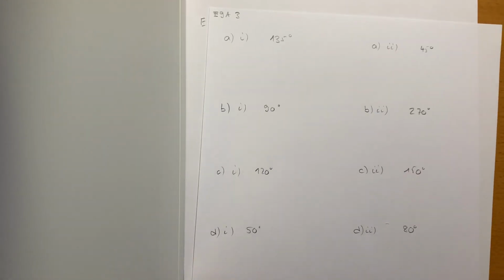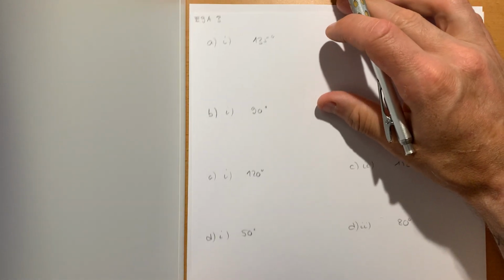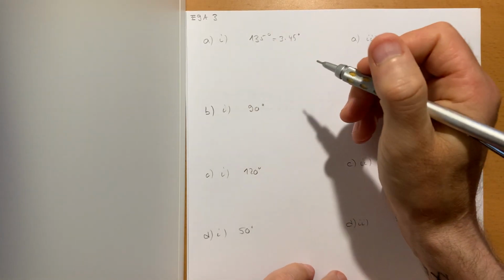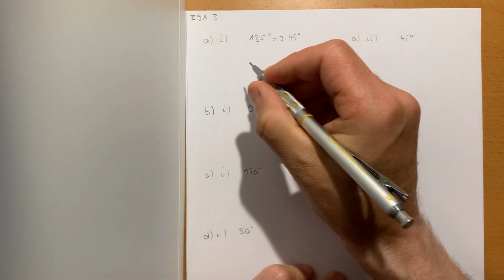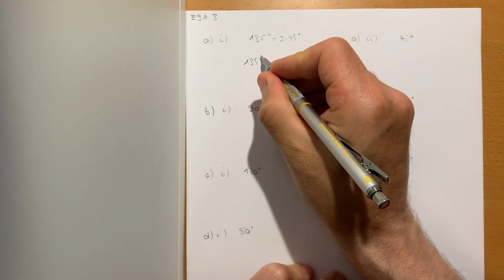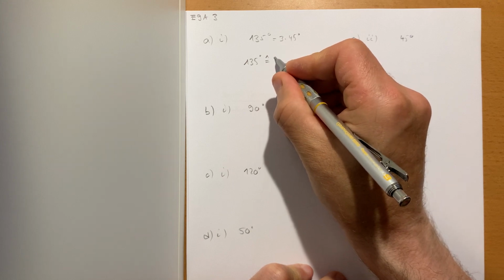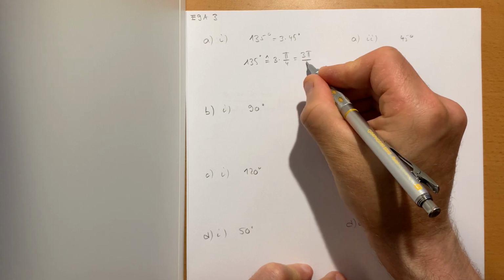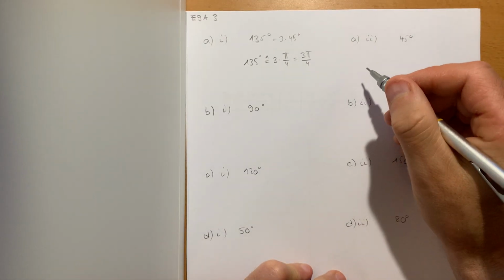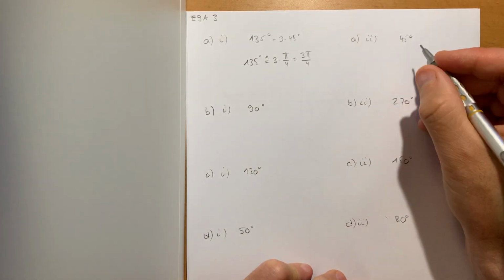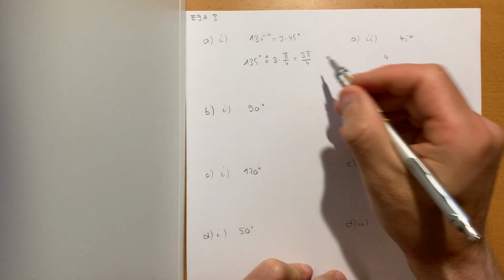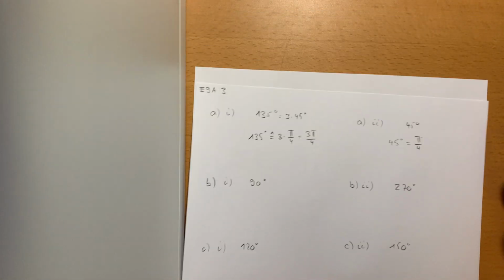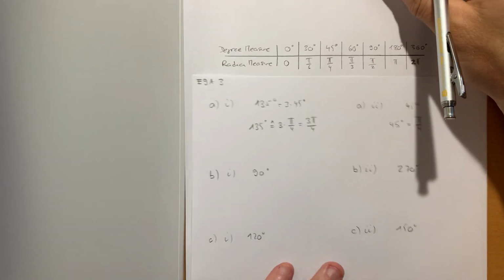Okay, so let's try. So we have 135. Well, that's in fact 3 times 45. 45 degrees is pi quarters, because we've set up this table before.